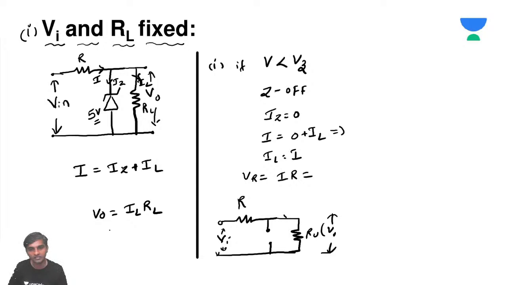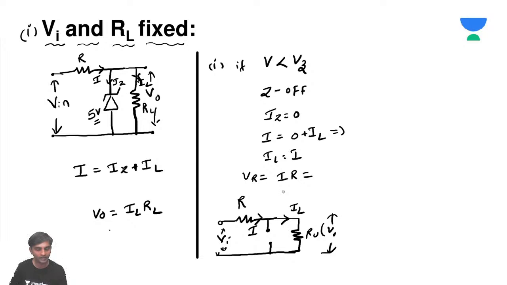The same current which is flowing here will flow in IL, because there is no current flow through the Zener diode. The Zener diode is off, open circuited. This current IL is going to be the same as I. Both of them are same. So the load V naught is going to be I into R.